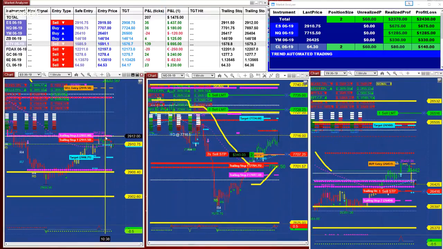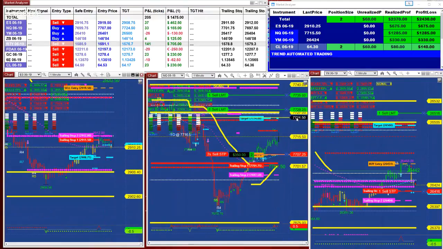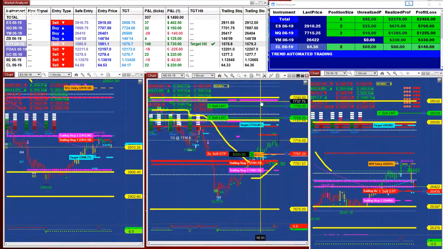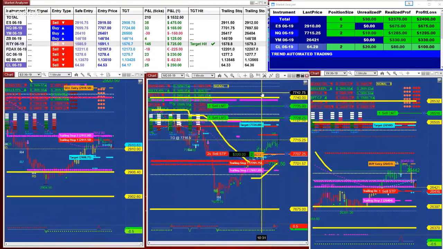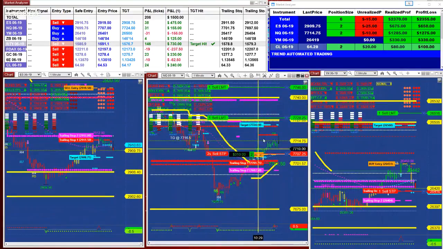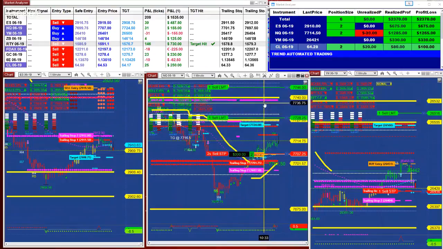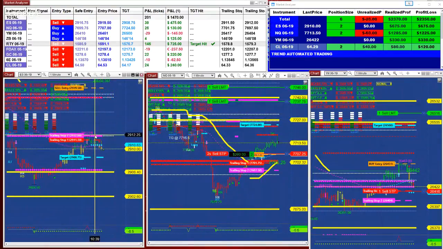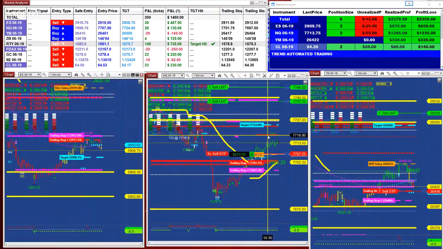Now, if this ES is able to break the 912, your Nasdaq is going to fly all the way, probably to the 3675 or 46. We will see. But if that ES is not able to break the 912, you better close your Nasdaq now.